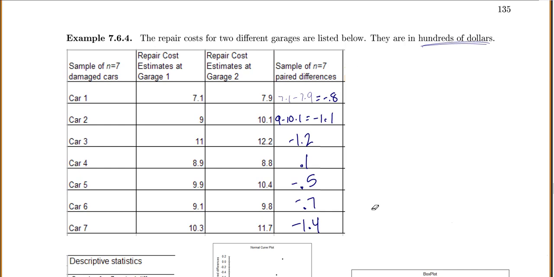So that's why we do a hypothesis test. Now in this hypothesis test, notice I did garage 1 minus garage 2. And it's important to keep track of which way you're subtracting, because we want to know, is garage 1 cheaper?